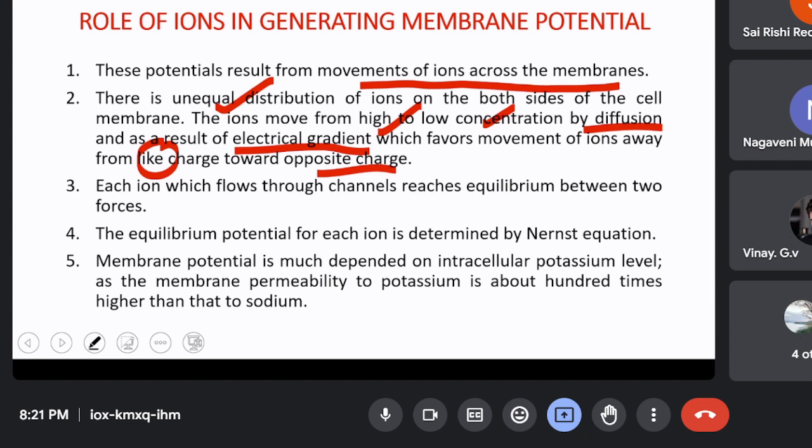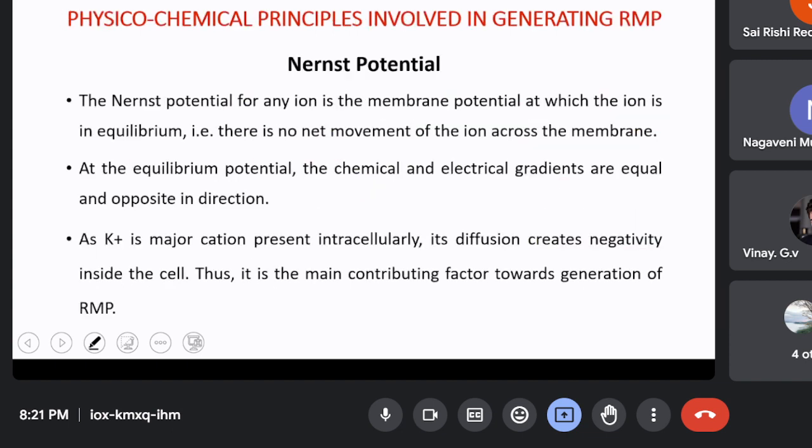This happens through certain channels until equilibrium on both sides is reached. This equilibrium potential for each ion is determined by an equation called the Nernst equation. The Nernst potential is the membrane potential at which the ion is in equilibrium.